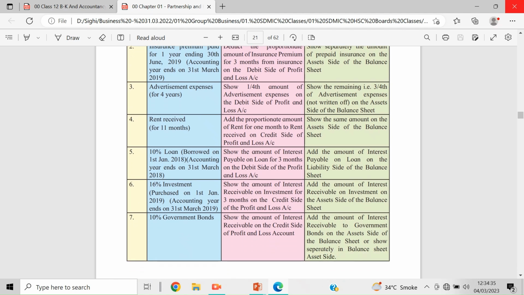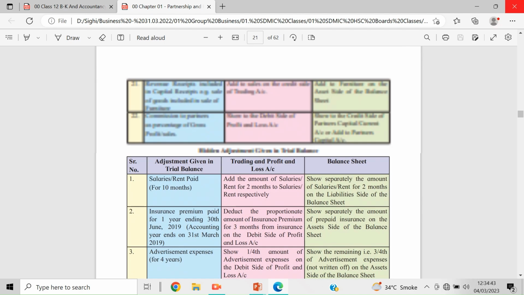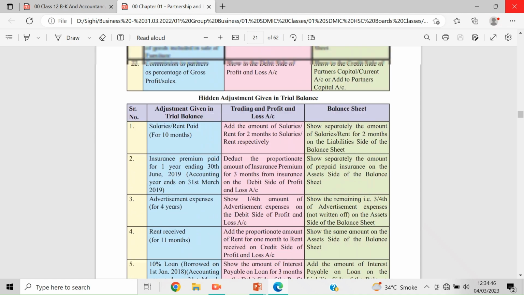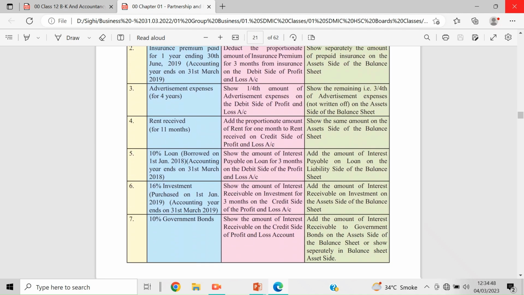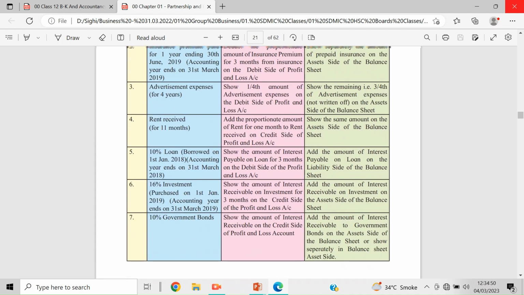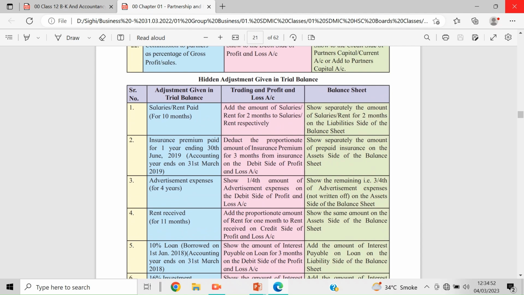A 10% investment and a particular date will be given. These are the hidden adjustments, meaning implied adjustments, like 7% government bonds. These 22 points and 7 additional hidden adjustments were also explained in Chapter 1, Introduction to Partnership and Partnership Final Accounts.